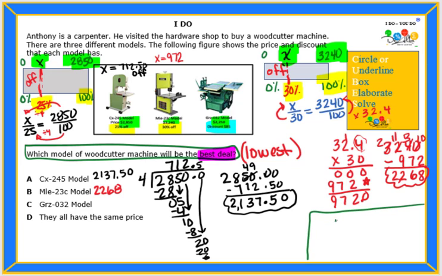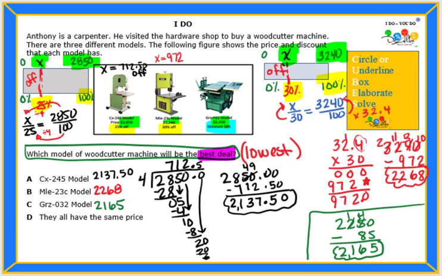And we have 2,250 for the original price, and then we are subtracting $85 as our discount. So we will have to borrow and regroup. 10 minus 5 is 5. We have to borrow again and regroup. 14 minus 8 is 6. 1 minus nothing, and 2 minus nothing is 2. So we have our price for this third model is $2,165.